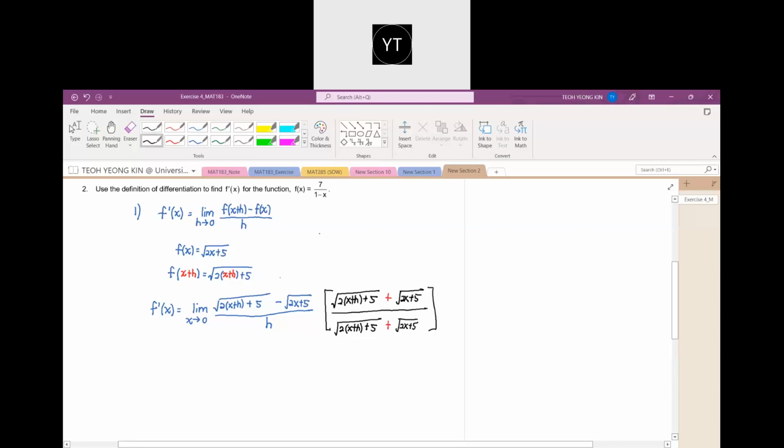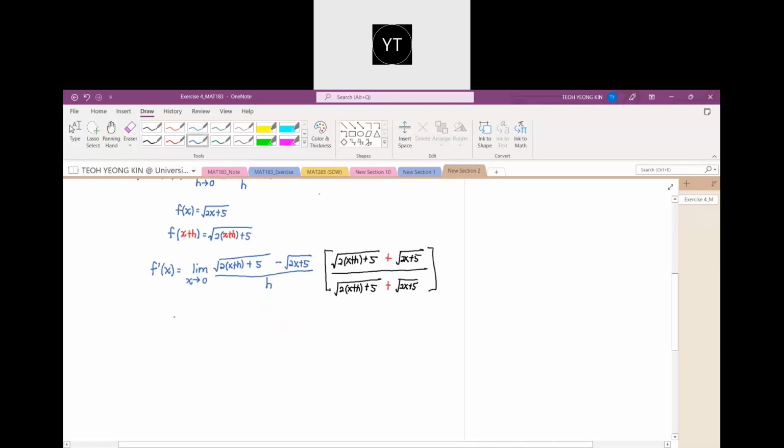Then we just expand. Kita cuma kembangkan tempat yang ada conjugate. For the denominator, kita salin balik. Numerator, kita expand. So how are we going to expand this one? Limit, oh sorry, this is h, not x. Limit when h approaches 0 for the numerator.